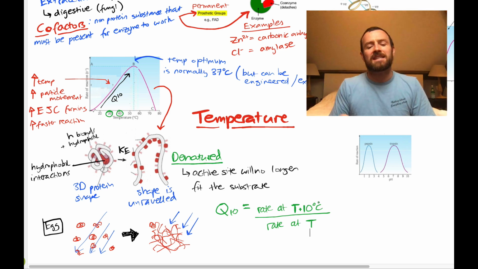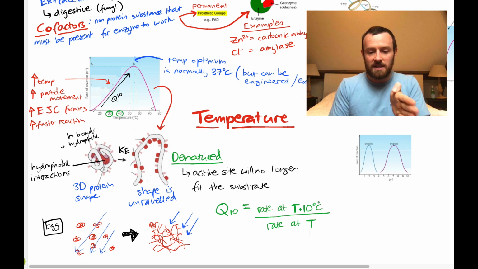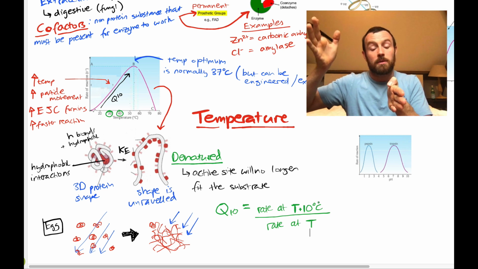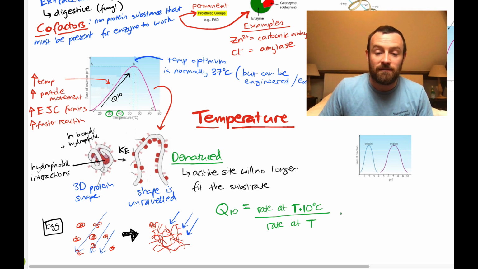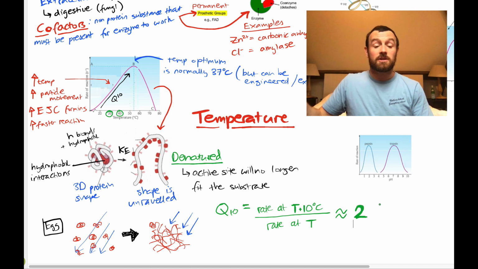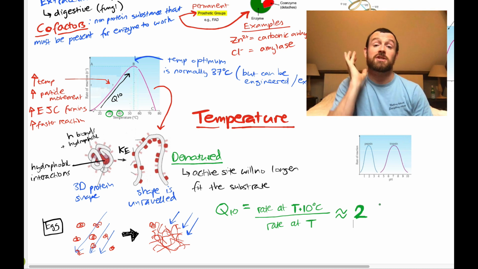So we're basically saying, if we look at any enzyme and say, okay, it's working at this speed at one temperature, if we were to increase it by 10 degrees C, what would it be working at that temperature? How much does it go up? And typically we find that in most enzymes, it's around 2 up until the optimum. So as we increase the temperature by 10 degrees C, the rate of the enzyme reaction doubles.